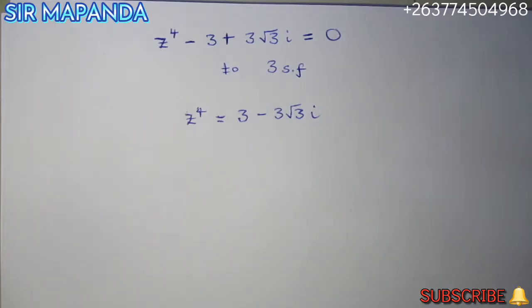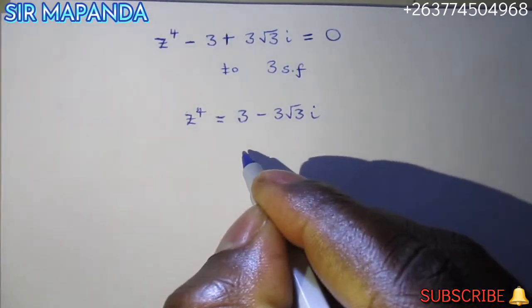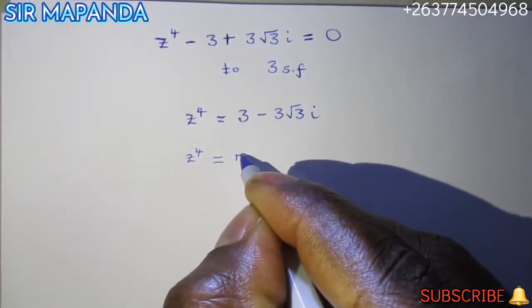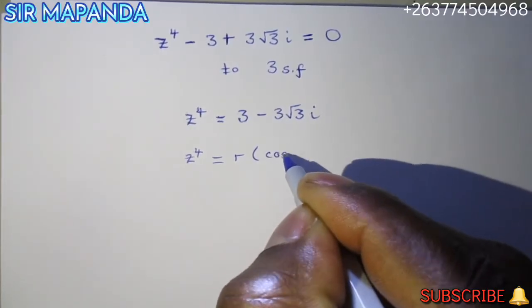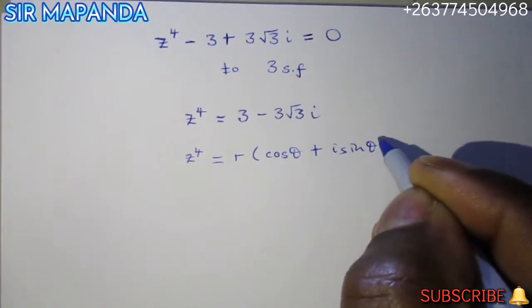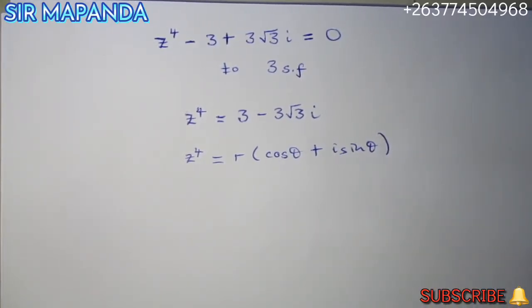You express 3 minus 3 root 3i in polar form. Remember, polar form is in the form r, open bracket, cos theta plus i sine theta, something like this. So on r, I'm going to put 6, right? Then on theta, I'm going to put the argument plus 2k pi.